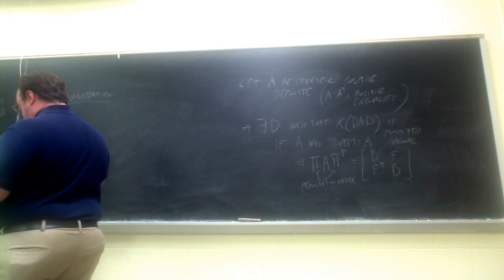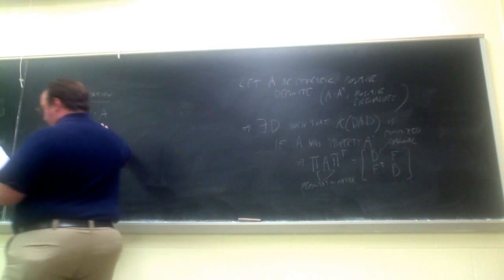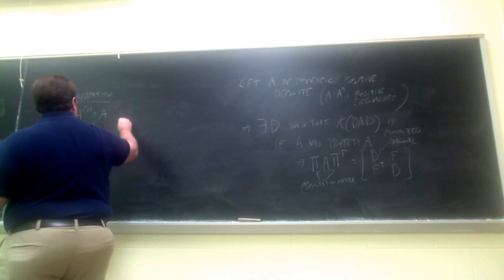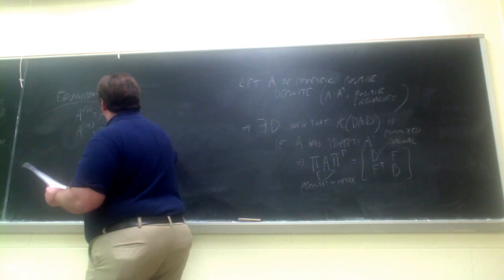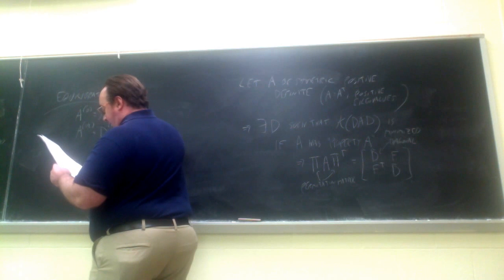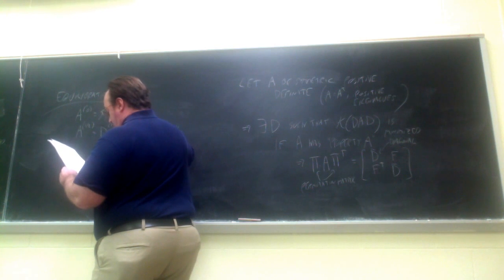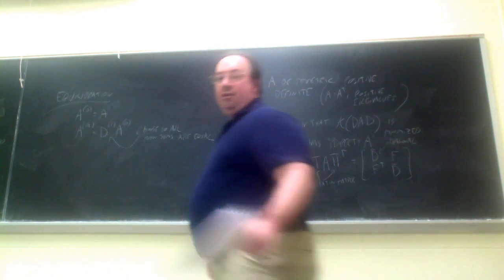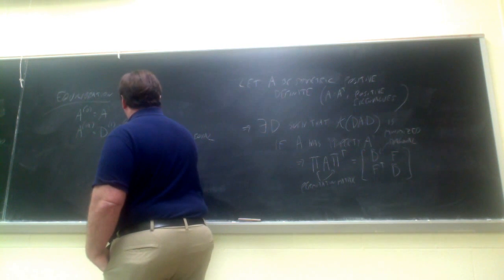What you do is, you set A0 to be the original A, and then A sub 1/2 is set to be A0 times some diagonal matrix D1, where you choose D1 so that all of the row sums are equal.